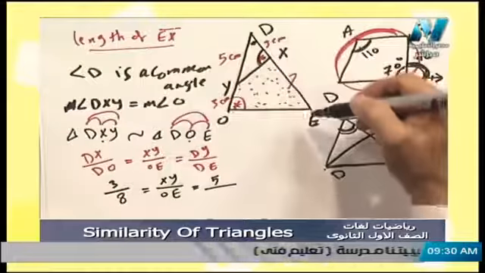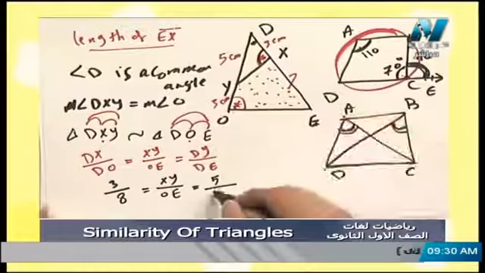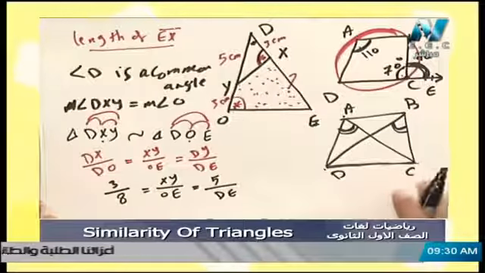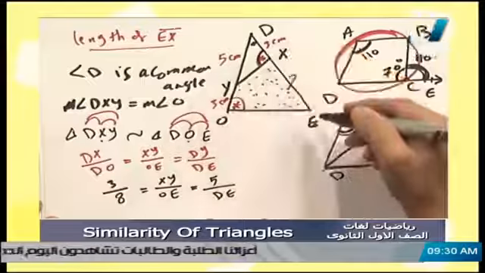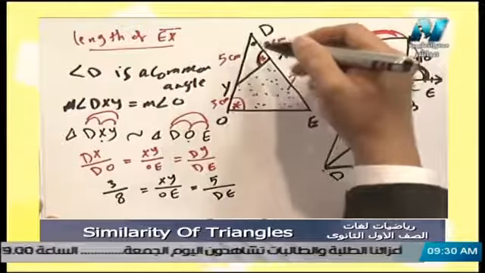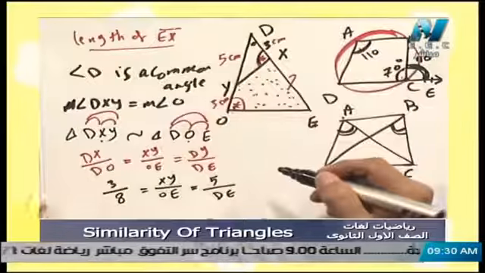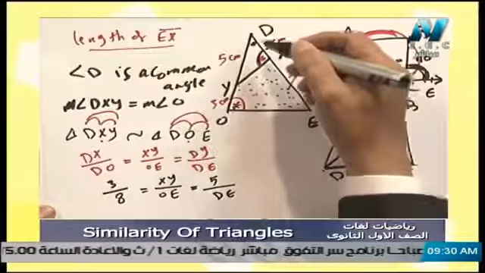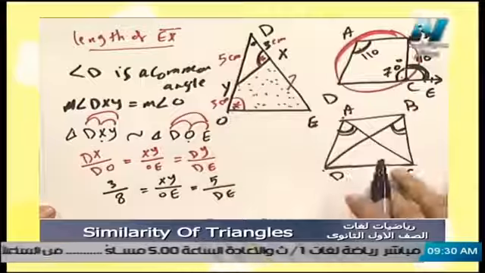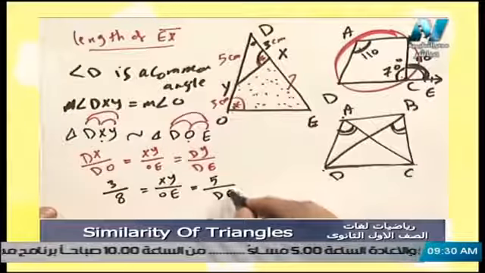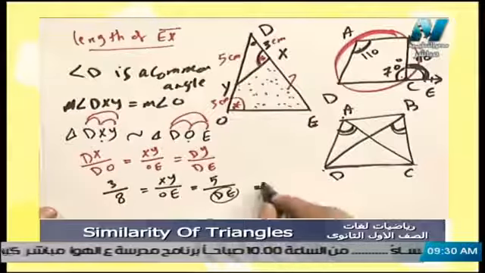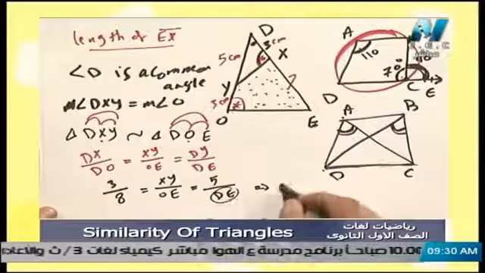What about DE? We don't know the length of DE. We know also DX, which is its part, equals 3 centimeters. So we have to find the length of DE. To find DE here, we will make cross multiplication.